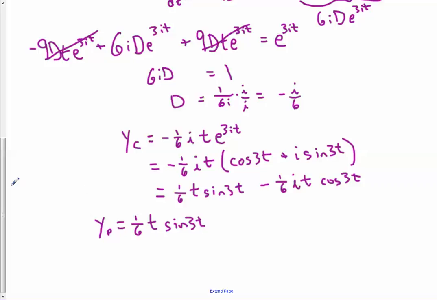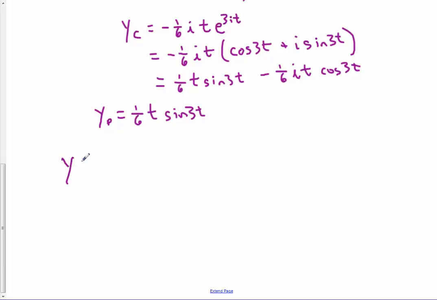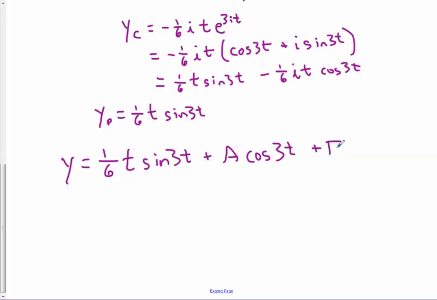All right. Now I'm ready to combine it with the homogeneous. So I've got this, and then I have a cosine 3t plus b sine 3t.